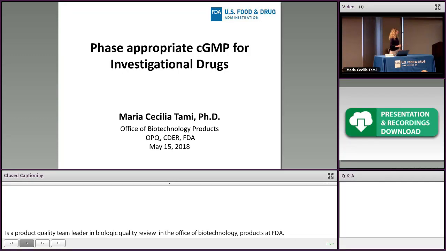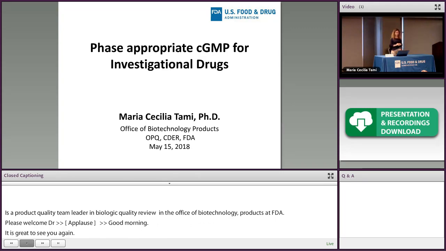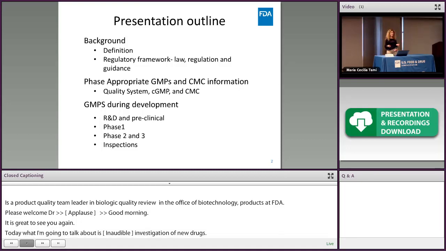So today what I'm going to talk about is phase-appropriate GMPs for investigational new drugs. I'm going to start with providing you with some background, defining what GMP means, and the regulatory framework around GMPs, including statutory requirements, regulations, and guidances.